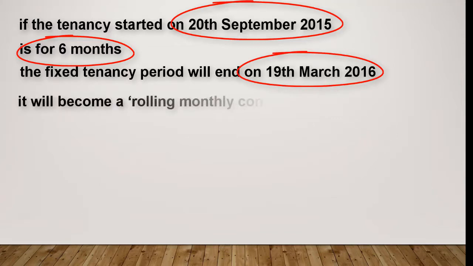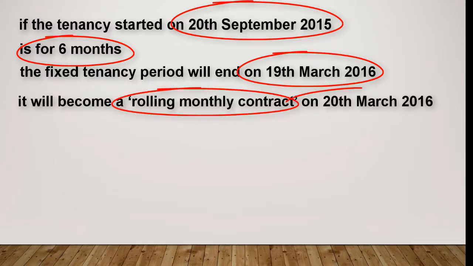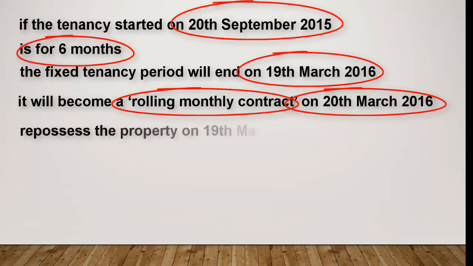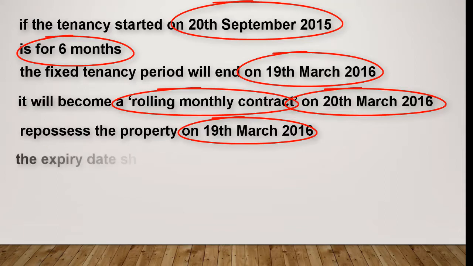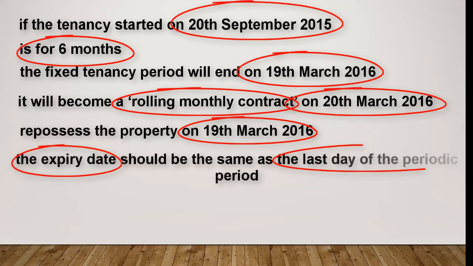So the tenancy will become a rolling monthly contract on 20th of March 2016 if the rent is paid monthly. If you wish to repossess the property on 19th of March 2016, the expiry date should be the same as the last day of the periodic period.